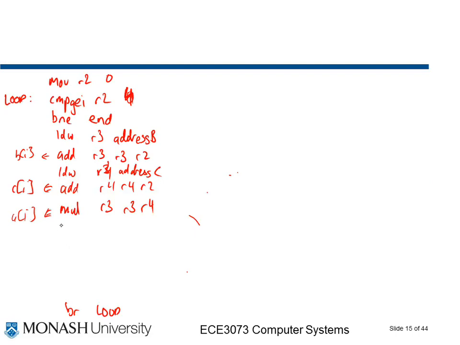So again, load, say R5, address A, add R5, R2, work out the location of A[i], and then I store into the location pointed to by A[i] my value for A[i]. Okay, so that's my simple version. Anything else missing?